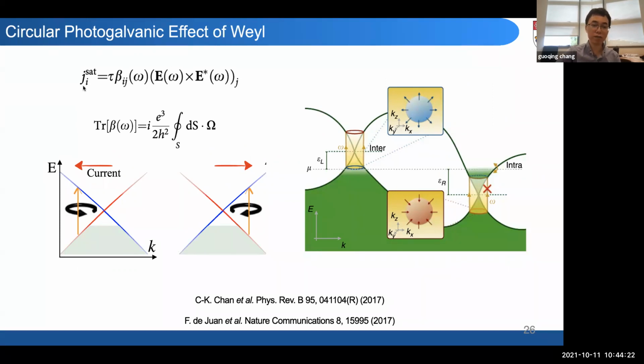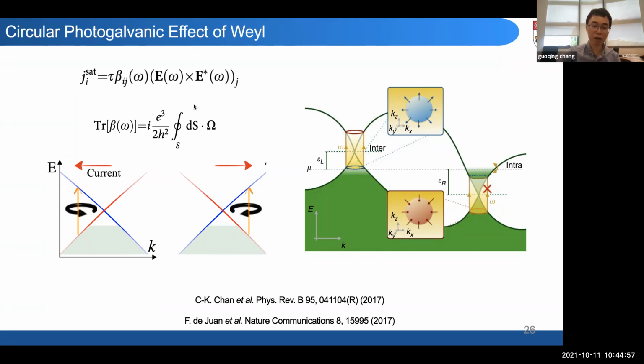Here we have this formula, where J is tau, the relaxation time, times a matrix, and the matrix defines how the photocurrent will propagate, times the electrical component of the laser. People have found that if you look at the diagonal terms of this matrix and take the trace, and apply this formula to a Weyl fermion, it is proportional to the integration of the Berry flux.